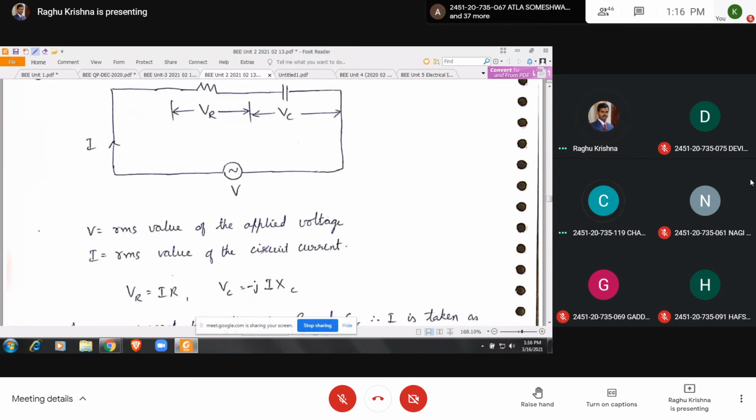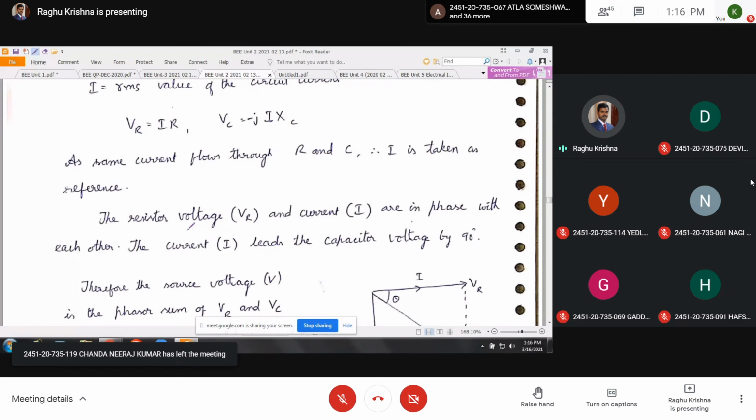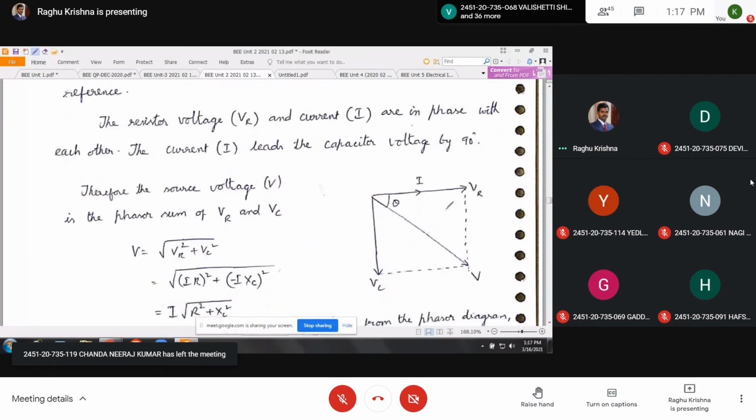Yes, sir. Okay. So here RC circuit I am drawing directly. So here I is there, VR. Next, VC. VC lags the current by 90 degrees. And if you add these two, you are going to get supply voltage V.